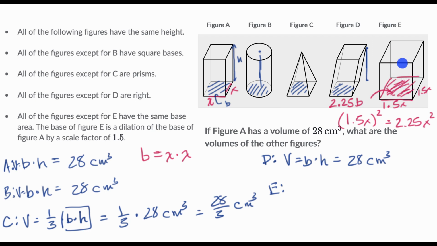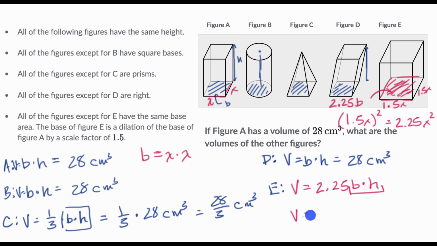And so what's the volume of this figure? The volume is going to be the area of the base, which is 2.25 times the area of all these other figures' bases, times the height, which is the same, times h. Now we know that B times h, where B is the base area of figure A, is 28 cubic centimeters.